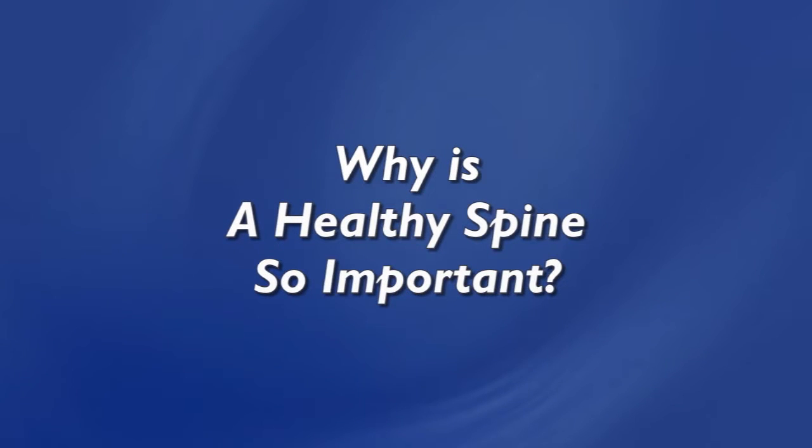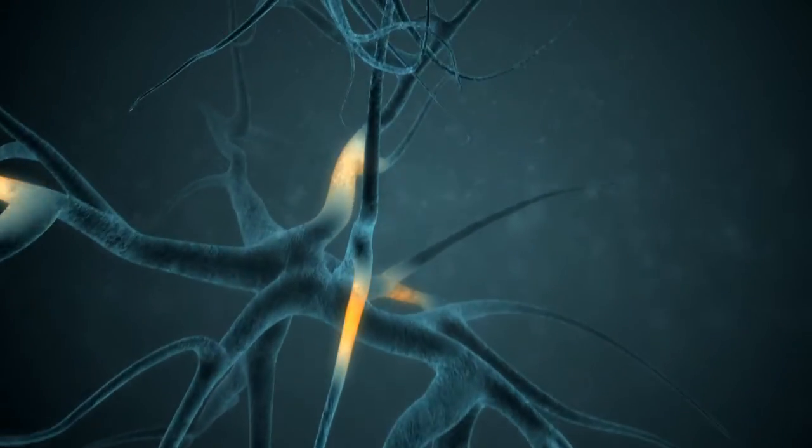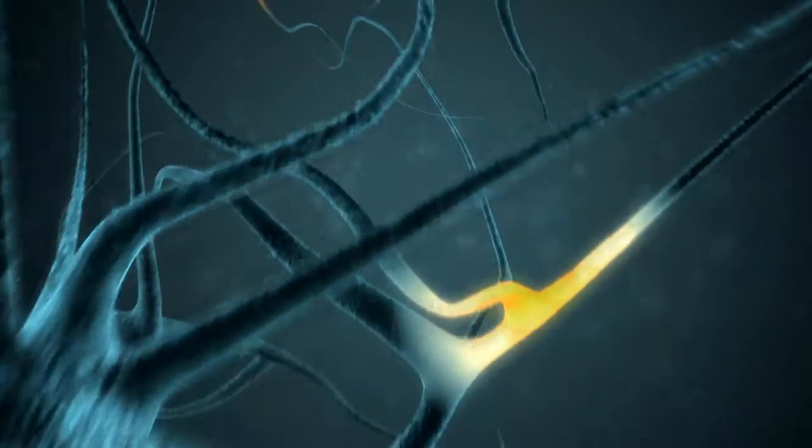To help you understand why it's so important to maintain a healthy spine throughout life, we've asked you to read the pamphlet that discusses the nervous system. Your brain sends millions of messages down your spinal cord and out over your nerves every moment of every day. These messages have to be delivered without interference to all parts of your body in order for them to function properly.